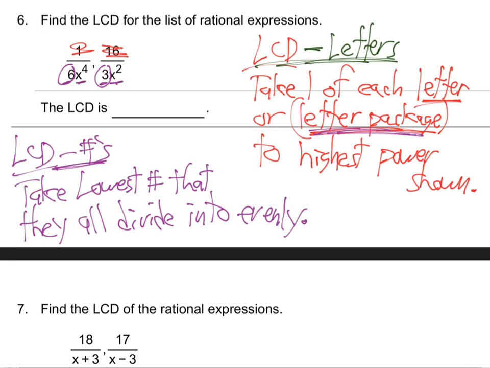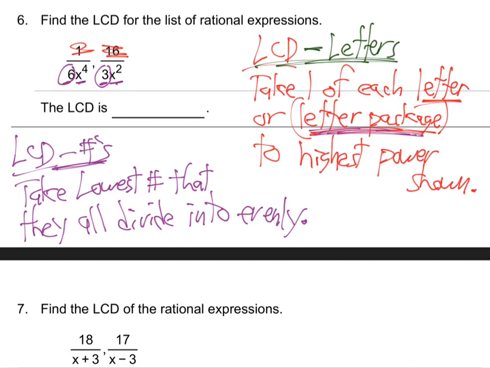When it comes to 6 and 3, what number do 6 and 3 both go into? 3? No. 18? No, 6 doesn't go into 3, does it? 6 is the answer. 6 and 3 both go into 6. Now you might say, well, 12, they do go into 12, but I want the lowest number they both go evenly into. 6 is the smallest number.